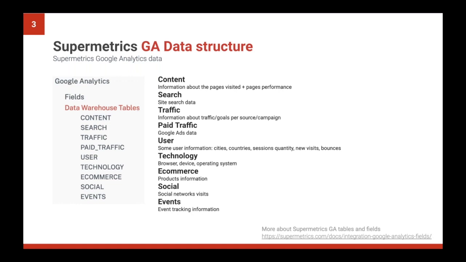You have a table dedicated to your paid traffic, and a table for user information about user cities, countries, the session quantity, etc. Some information about technology: browser, device, operating system. E-commerce data, of course, and some data from social network visits.